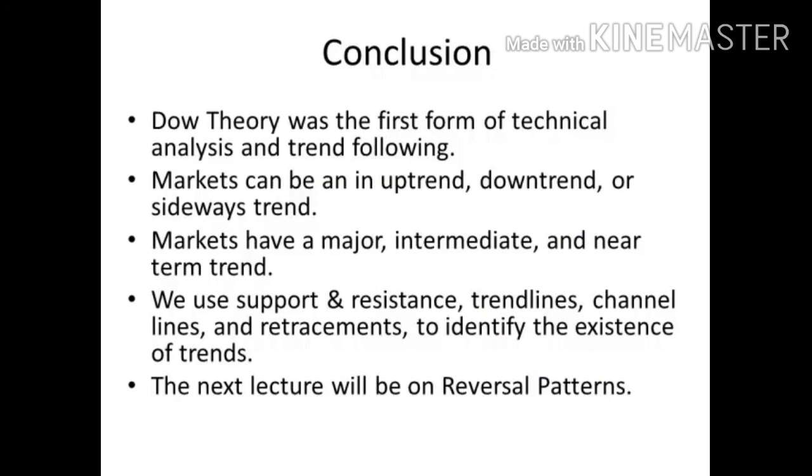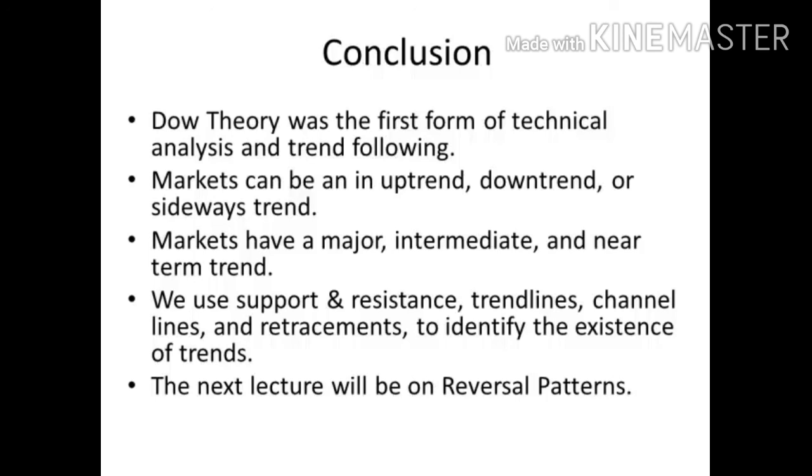Well, this brings us to the conclusion of our lecture. And let's just quickly recap what we've done. We first went through Dow Theory, and we learned that it was essentially the first form of technical analysis and trend following, and it had the 6 tenets. Then we talked a bit about trend, and we talked about the different types of trends, uptrends, downtrends, and sideways trends.